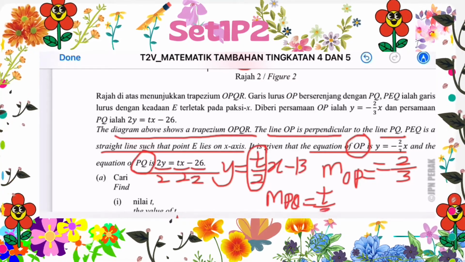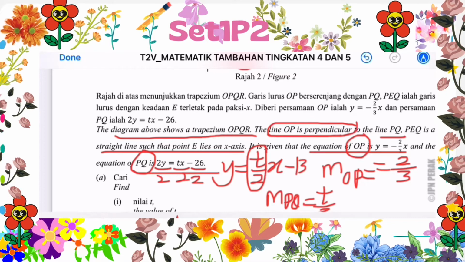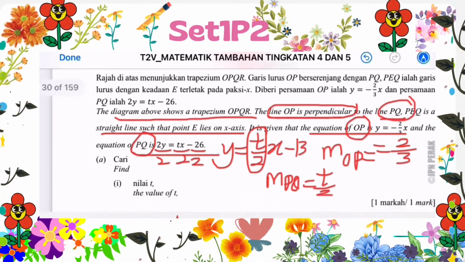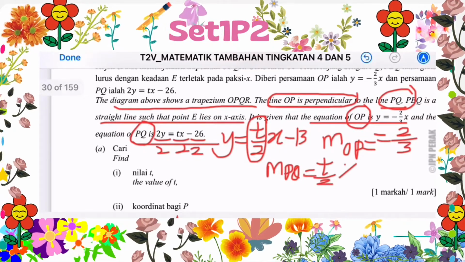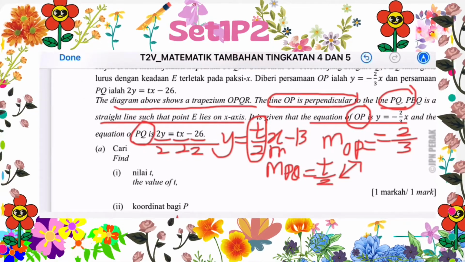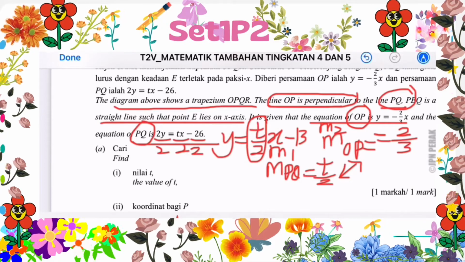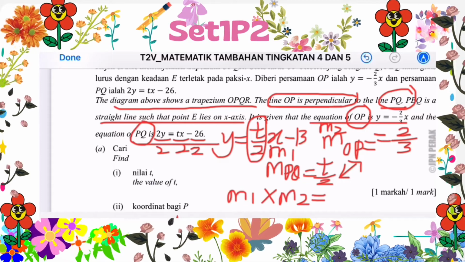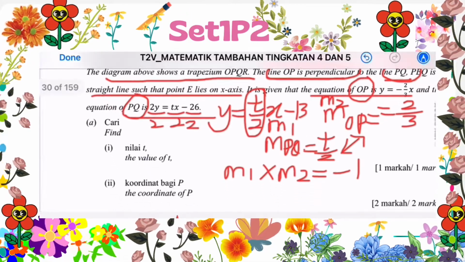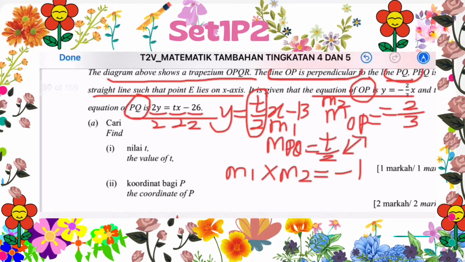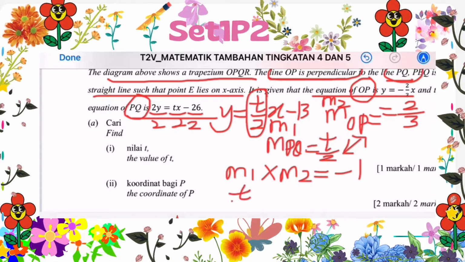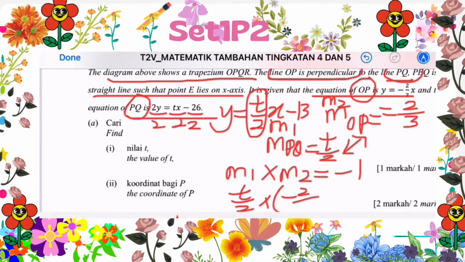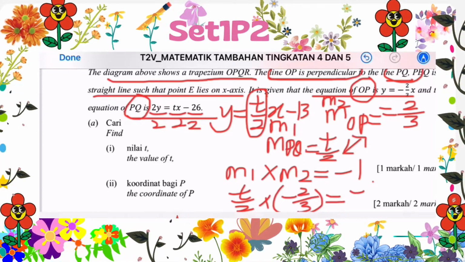Right, the question says OP is perpendicular to PQ. That means these two gradients, one of them is m1, one of them is m2. It should follow the rule of perpendicular gradients: when multiplied, the product of the gradients must be negative 1. So we take t over 2 times negative 2 over 3 is equal to negative 1.